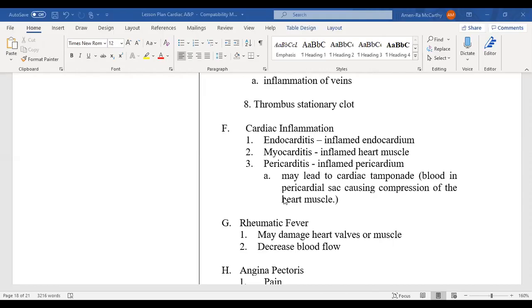So for instance, this is your heart. That'll be the inner layer, middle layer, and outer layer, and the whole heart itself sits in a sac.